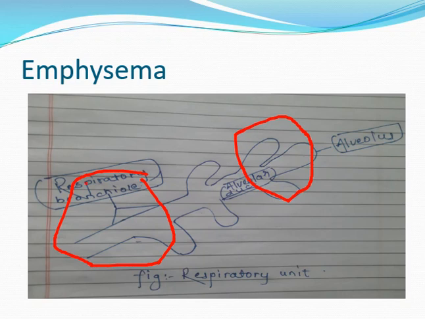And if the whole respiratory unit is enlarged, then it is called panacinar. There is also a pattern in which some regions of the respiratory unit are enlarged and other regions are not, and that is called irregular emphysema.